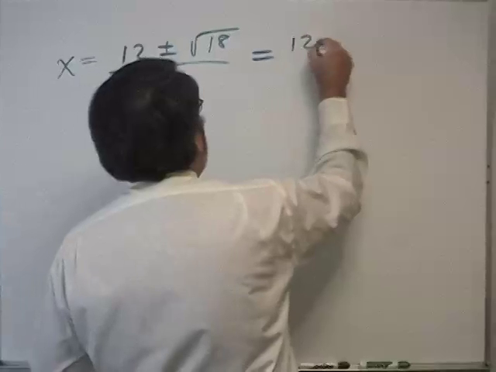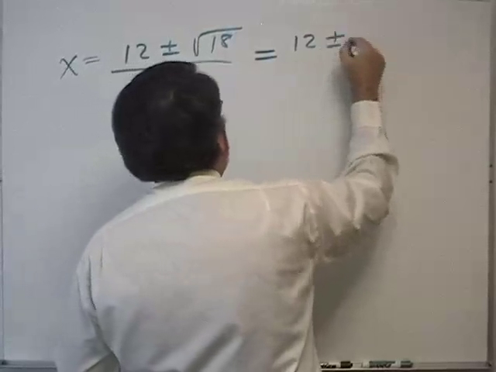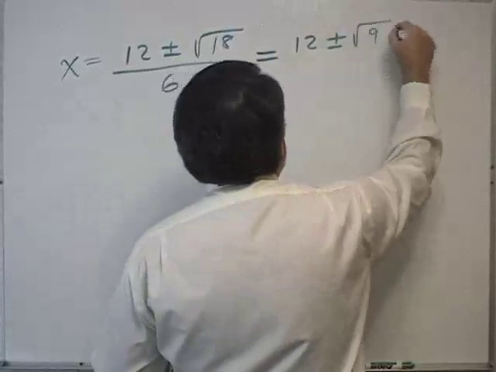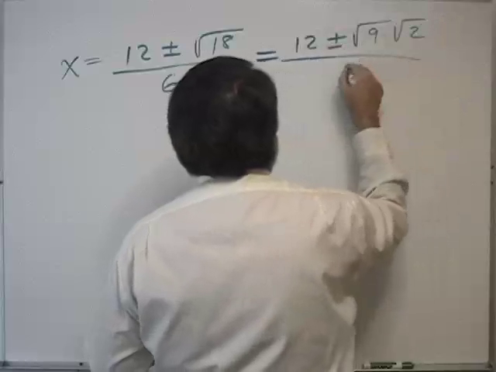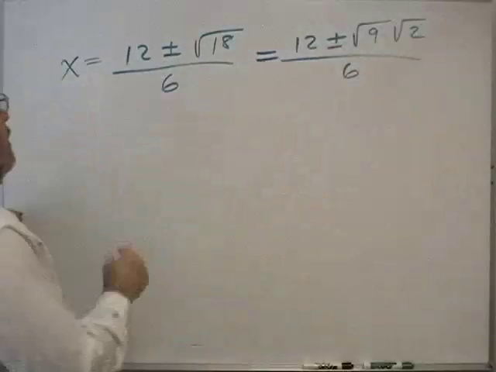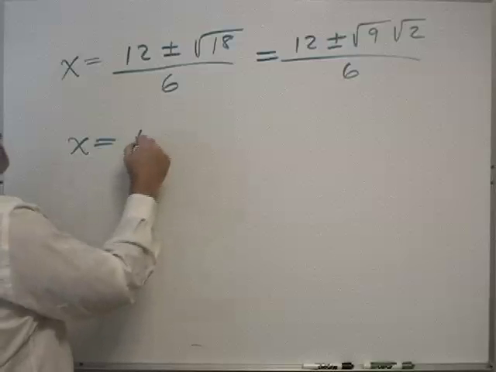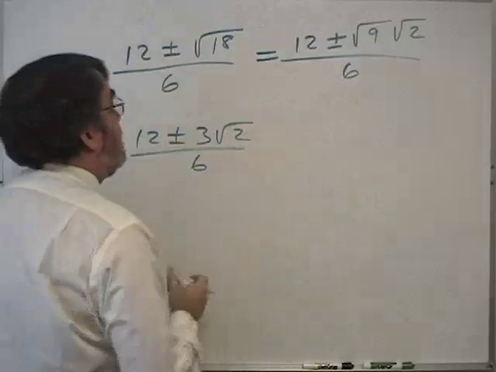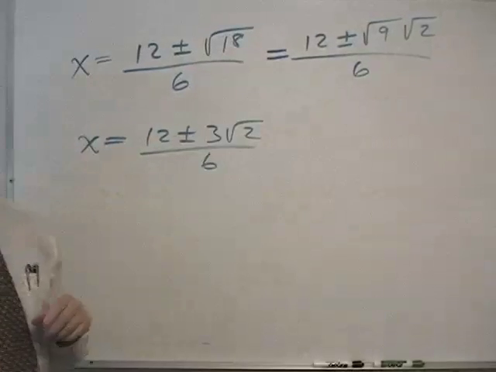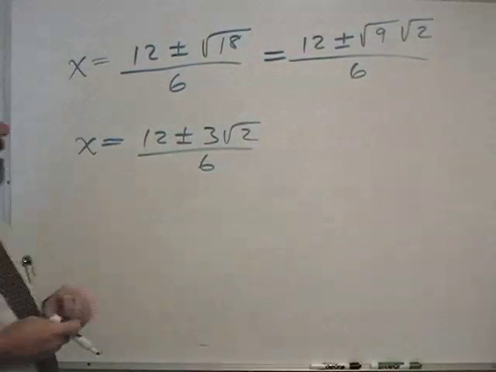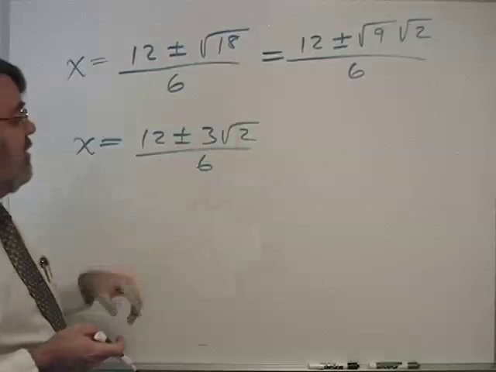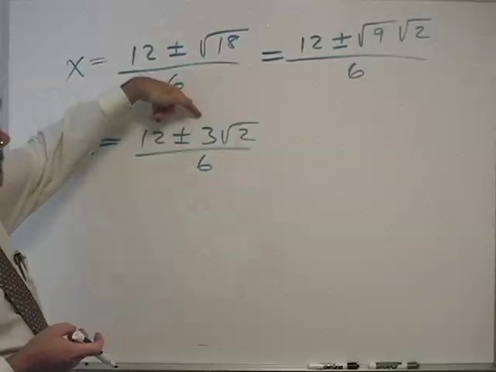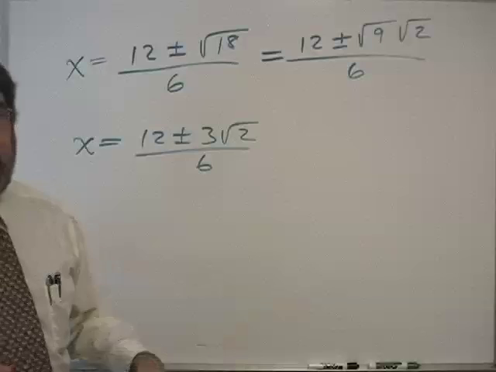The square root of 18 is the square root of 9 times the square root of 2, and then the square root of 9 is 3. So I simplified this square root. And now in 12 plus or minus 3 square roots of 2, both terms have a common factor of 3.